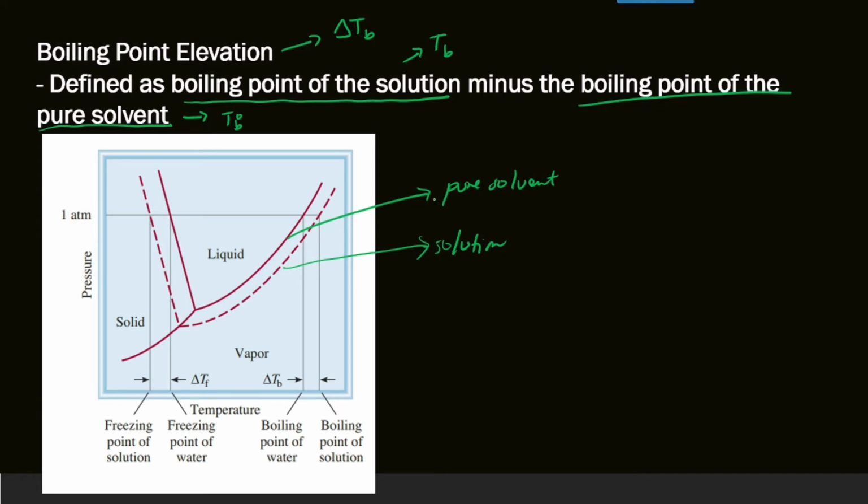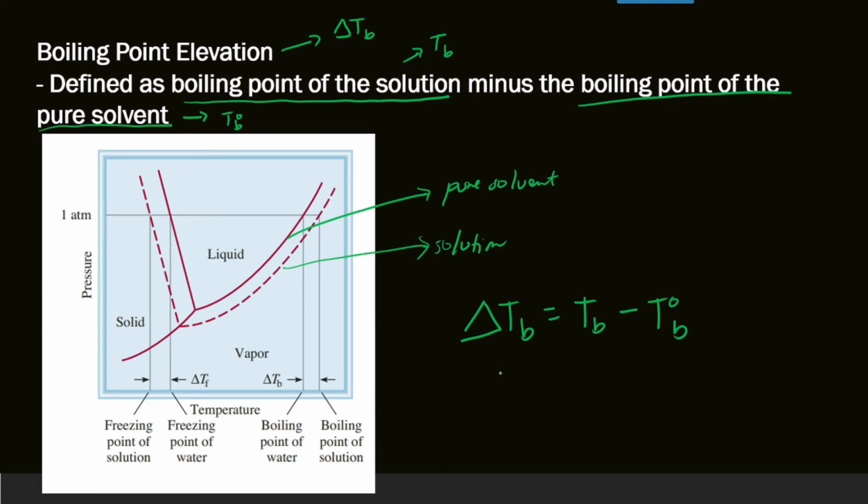Kung ilalagay natin siya sa isang equation, boiling point elevation is equal to the boiling point of the solution minus the boiling point of the pure substance.